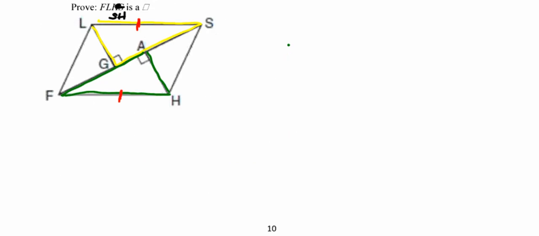Unfortunately, there's no way for me to get the left side of this figure congruent to the right side because I don't know anything about those triangles over on those sides. But I do know that angles 1 and 2 are congruent by CPCTC. And if 1 and 2 are congruent by CPCTC, that's going to make the top side parallel to the bottom side.